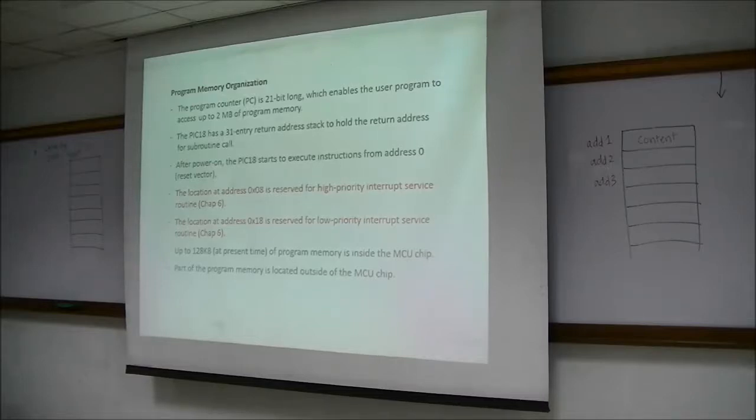So again, 1 byte is 8 bits, 1 word is 2 bytes or 16 bits, and 1 nibble is 4 bits. These are the terms.